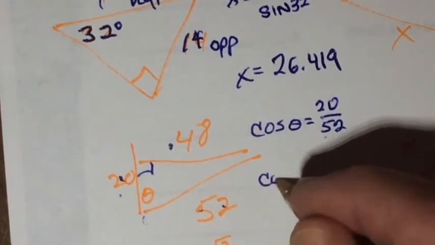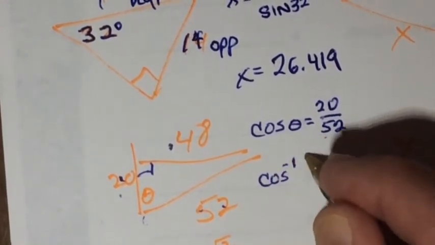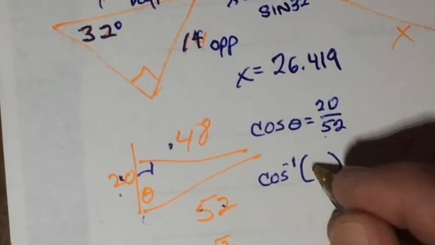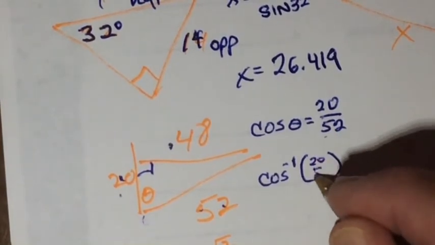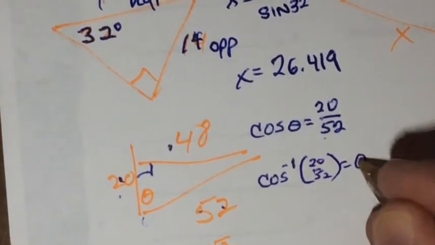That means that the inverse cosine, if you're doing it by calculator, of 20 over 52 is equal to theta.